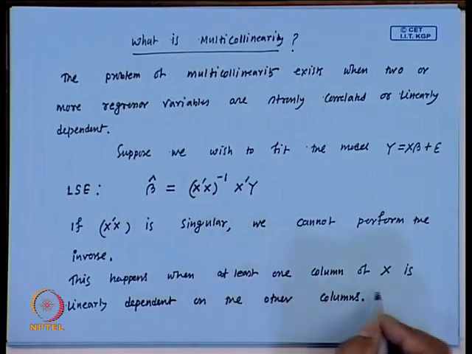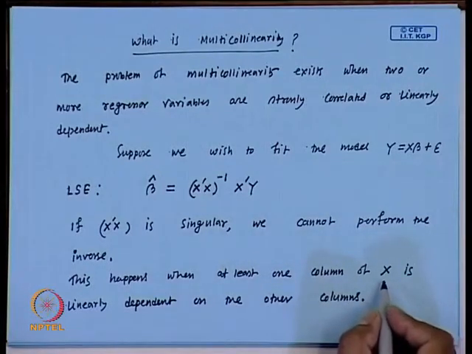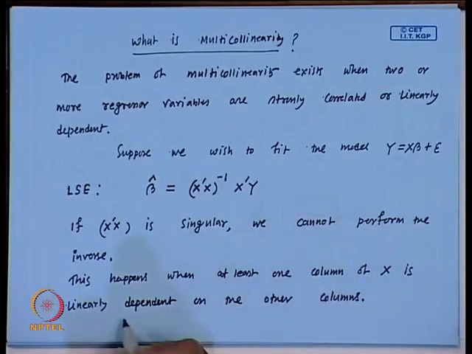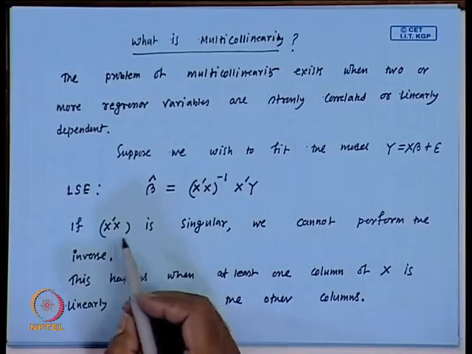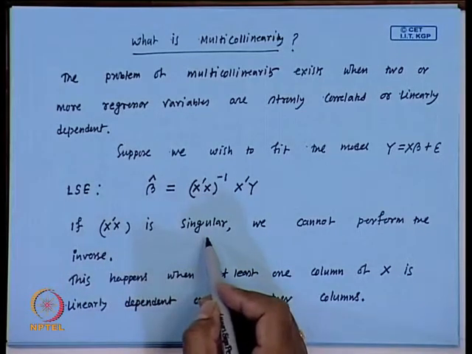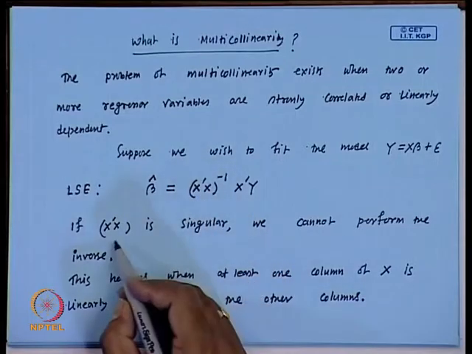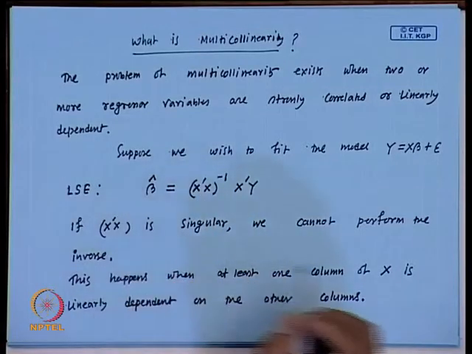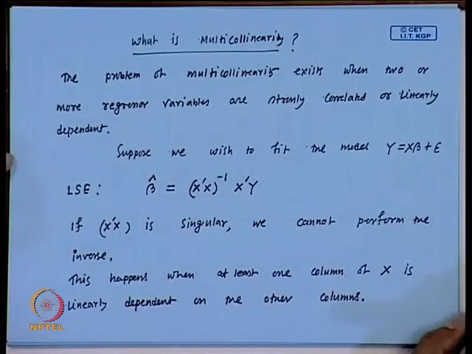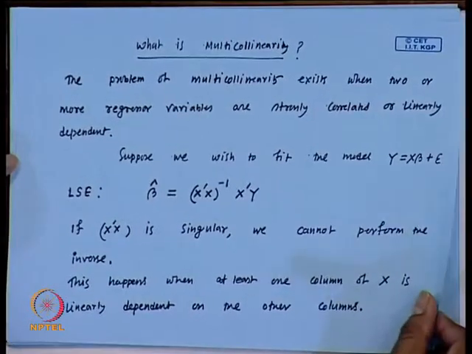So, the meaning of this is that if one regressor is linearly dependent on the other regressors, then X prime X is singular, and we can't compute the inverse of the X prime X matrix. Okay, let me give one example for this.